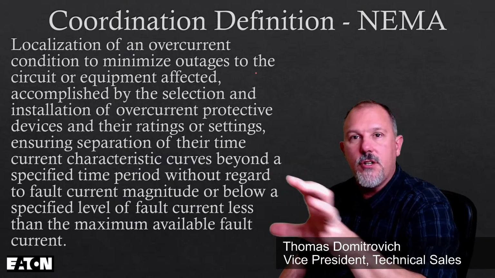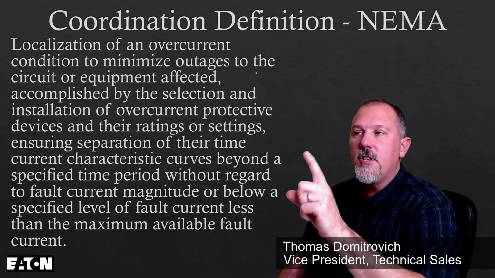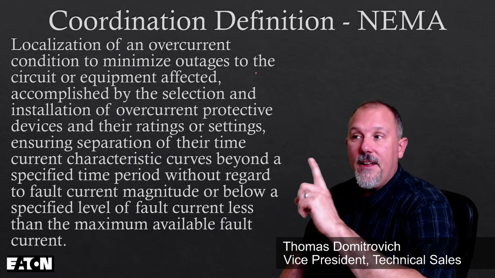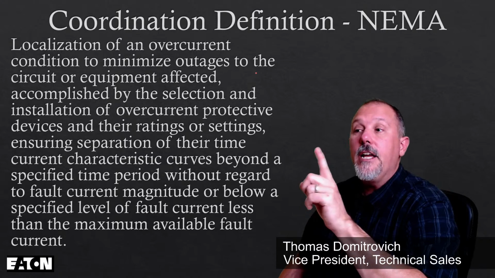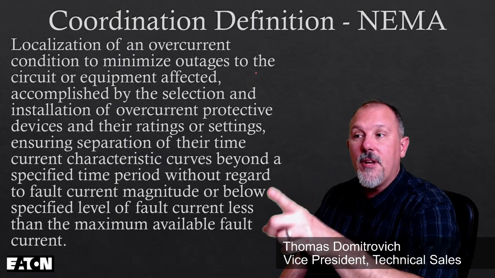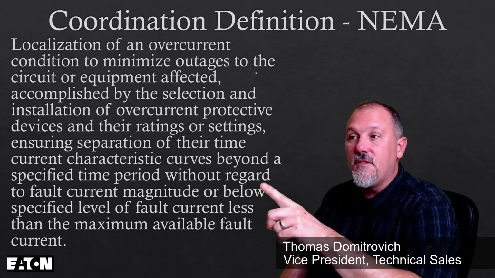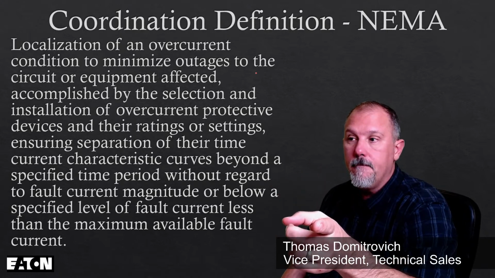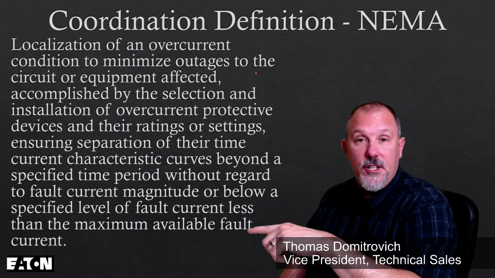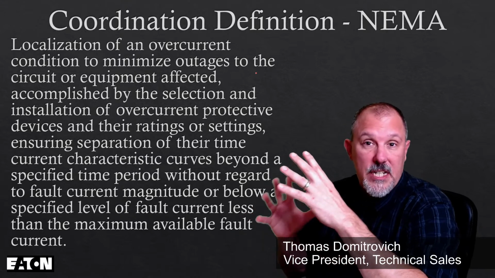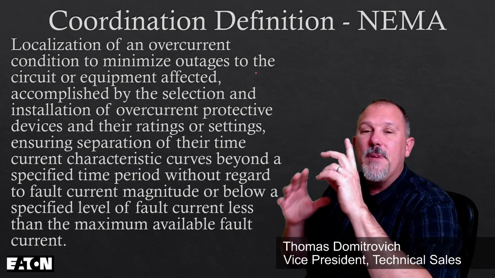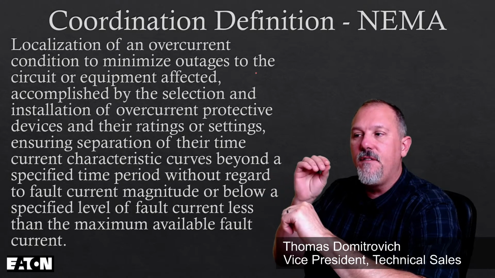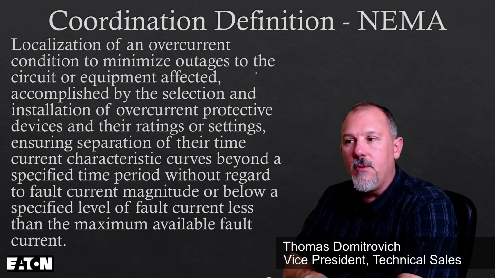So your concern is minimizing the outage, accomplished by the selection and installation of overcurrent protective devices and their ratings or settings, ensuring separation of their time current characteristic curves beyond a specified time period, which is 0.1 seconds, without regard to fault current magnitude. So that's what we just talked about. But they added this one, or below a specified level of fault current less than the maximum available fault current.